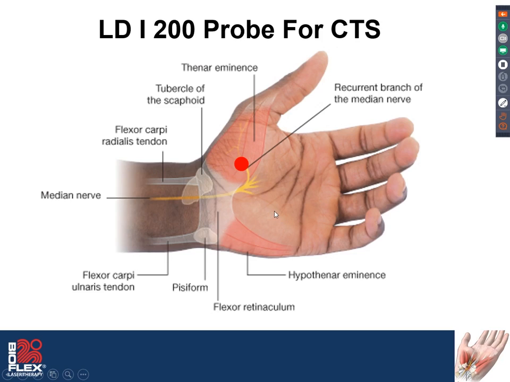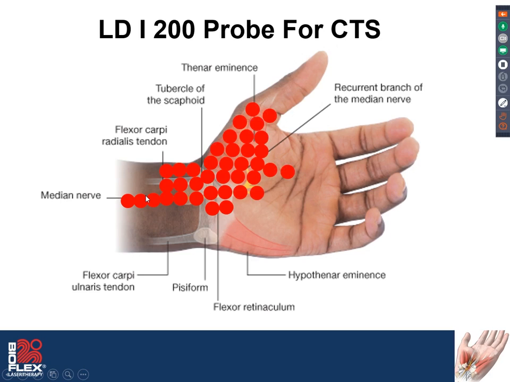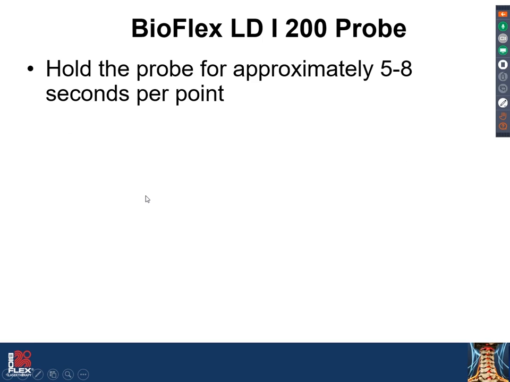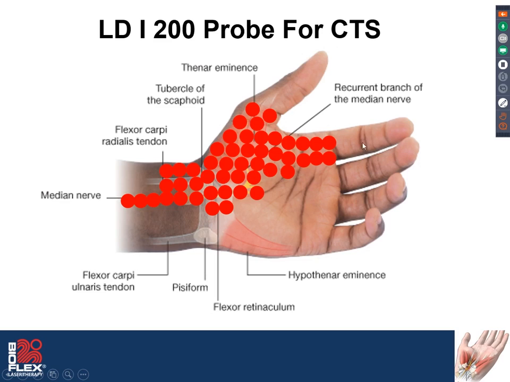For laser probes and carpal tunnel syndrome, you want to follow the median nerve proximal to the carpal tunnel and then into the carpal tunnel, and then the sensory branches into the thumb, thenar eminence, and into the fourth and all the way into the fingers affected as well.